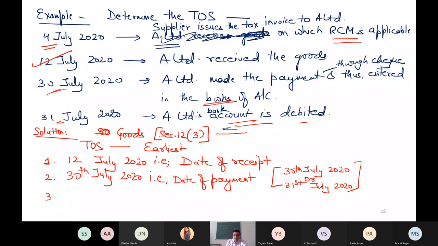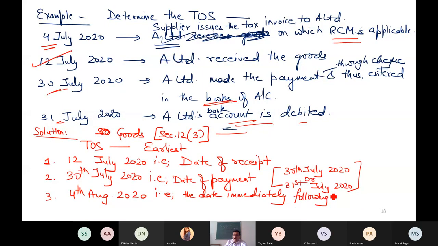That is the date immediately following 30 days. Now which is earliest? 12 July. So this becomes the time of supply.